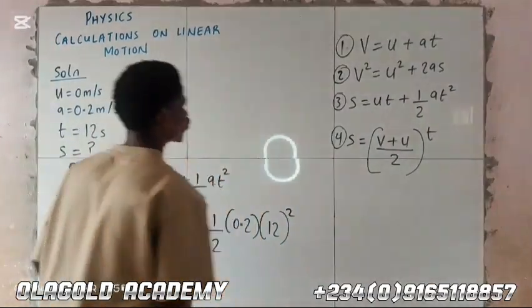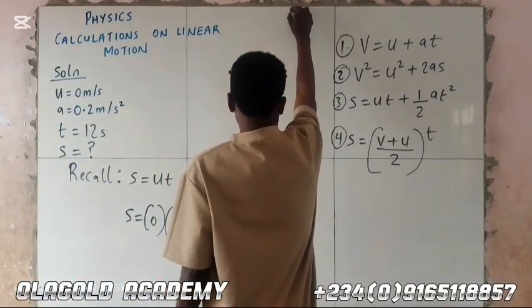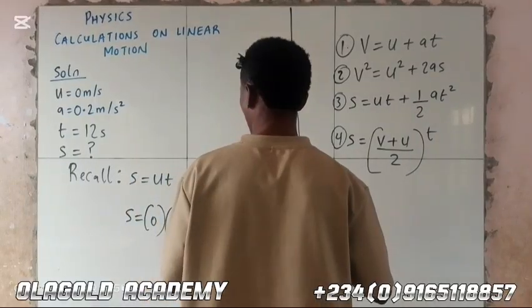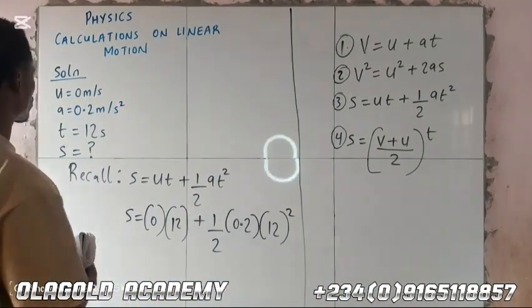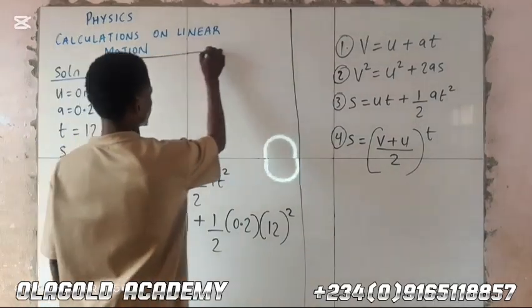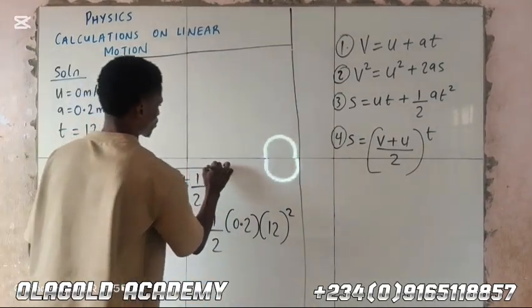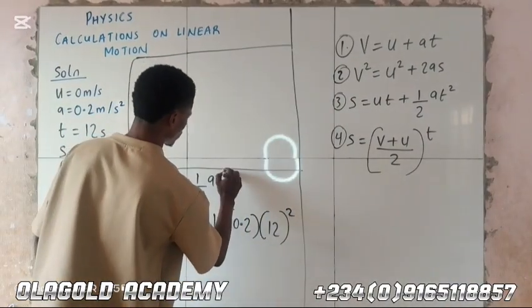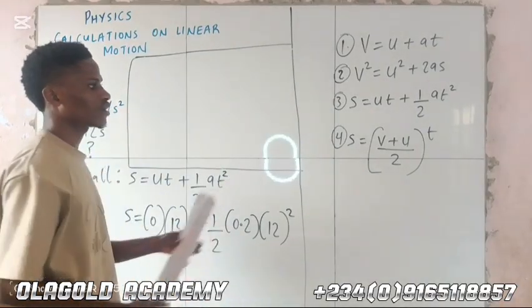From here now, let me use this side here to continue, so that I can keep the equations here and we can consider the equations together when we are solving.